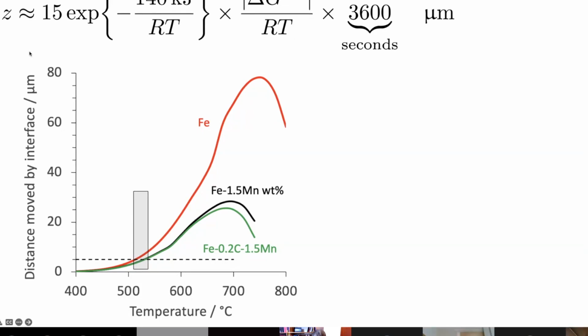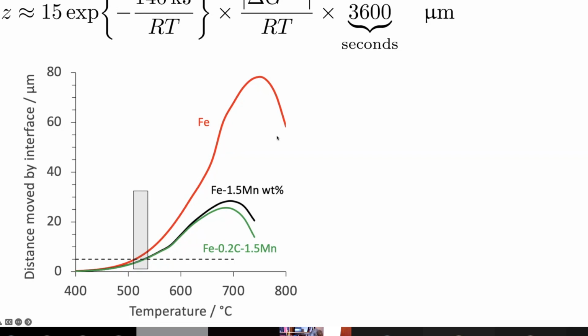This is the distance moved by the interface, and this you can calculate using all the CALPHAD methods. I did the calculation for pure iron, for iron 1.5 manganese, and iron 0.2 carbon 1.5 manganese. And you can see that the velocity or the distance moved in a given time actually goes through a peak.